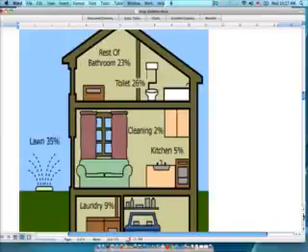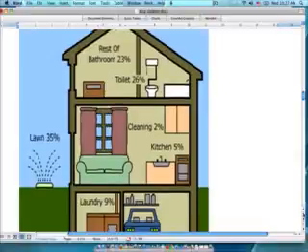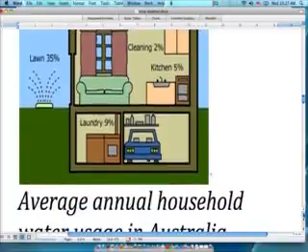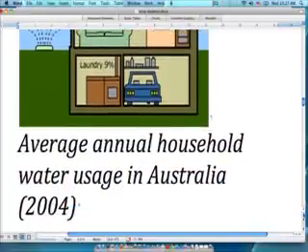So what we see here is a house and a number of different ways water was used in Australia and to what percentage it was used in the year 2004. Now before we go to the details, let's read the description of the diagram. It says the average annual household water usage in Australia for the year 2004.